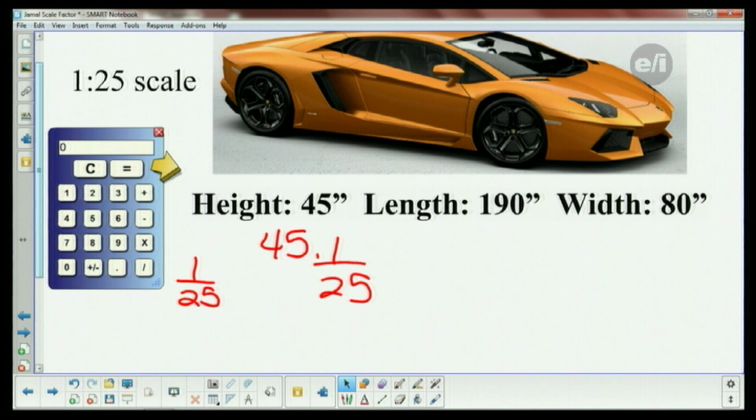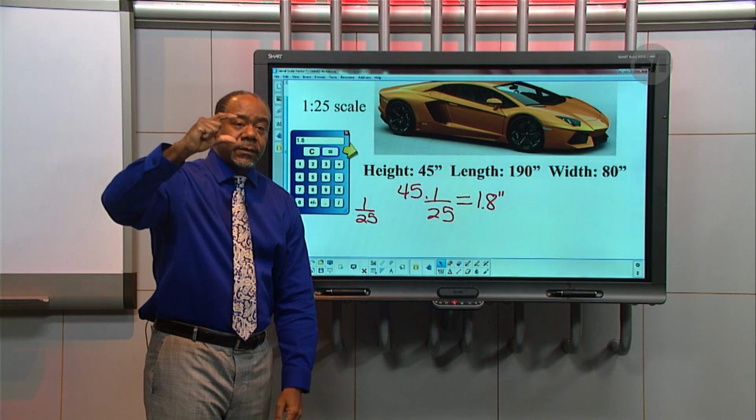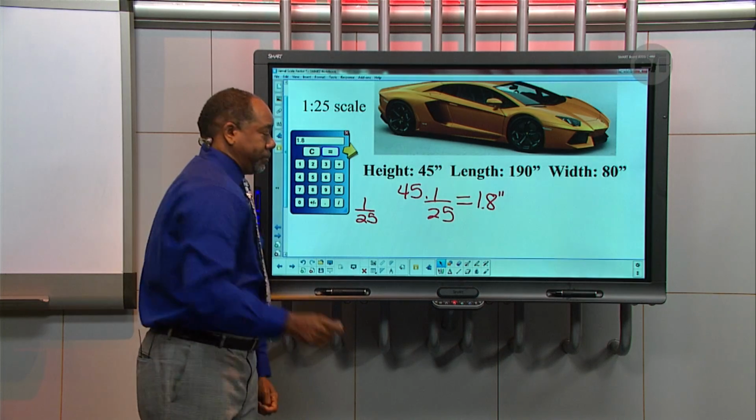But if I take 45 and divide it by 25, I get 1.8 inches. This thing is only 1.8 inches tall. So I'm thinking it's going to be 4 feet. Instead, it's a little bit less than 2 inches.